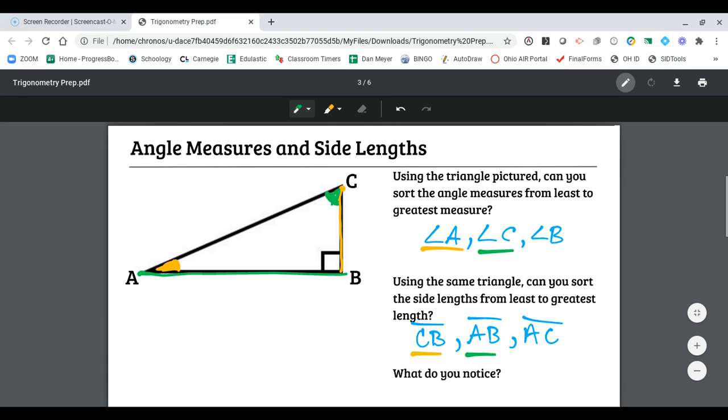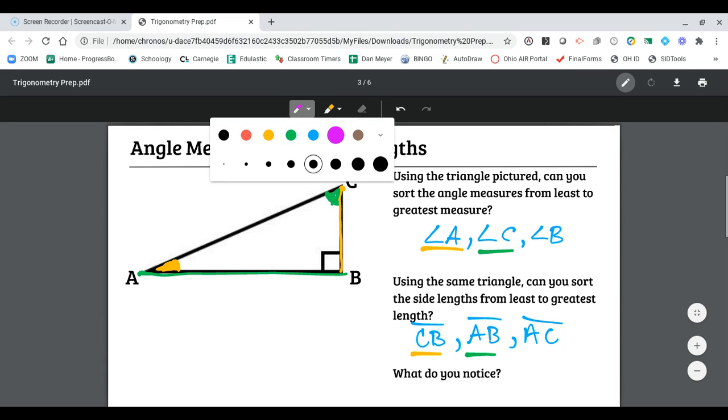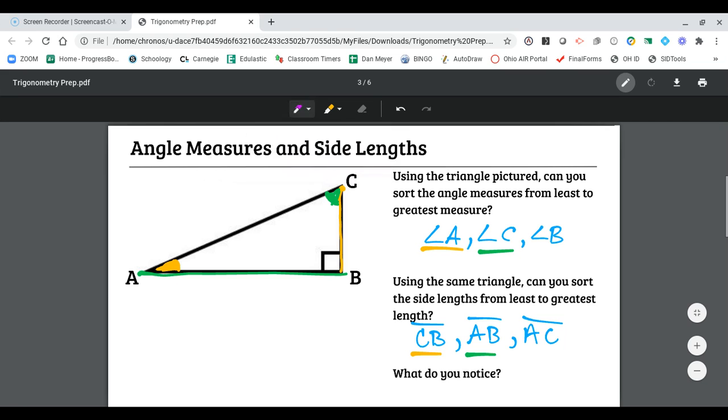And then lastly, let's go with angle B. So right here, and it is across from AC. And notice that B is my largest angle measure, AC is my longest side. So what do we notice? We'll put it in red. So the order of the angle measures is the same as the order of the side lengths.